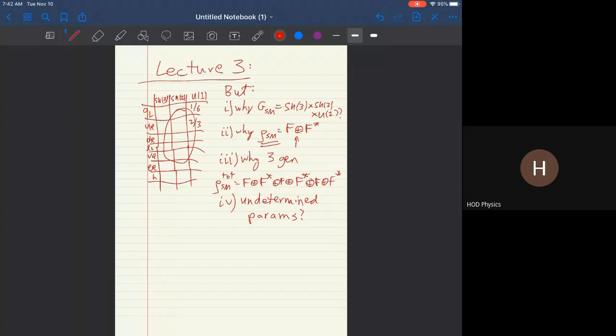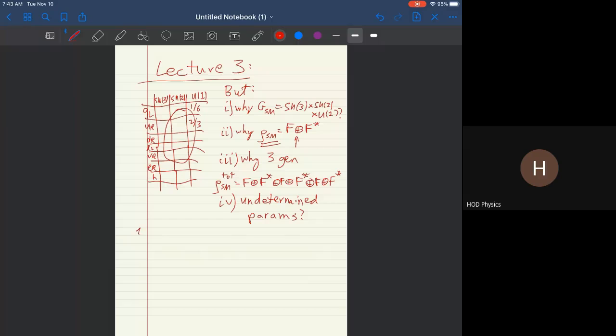And it's natural to ask, can we explain any of those? Can we predict any of their values? Can we predict any relationships between them? Those are some of the most pressing questions with the standard model that remain unanswered.